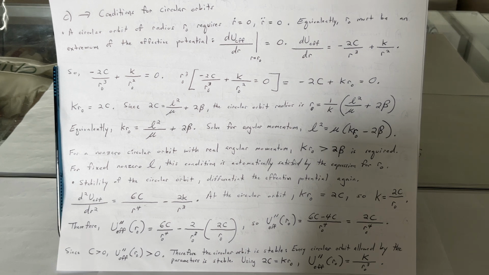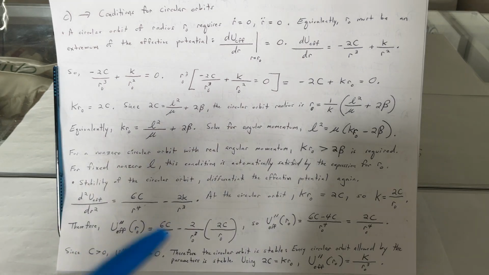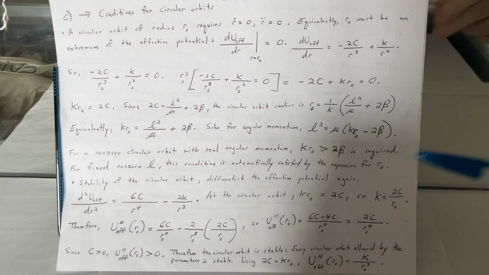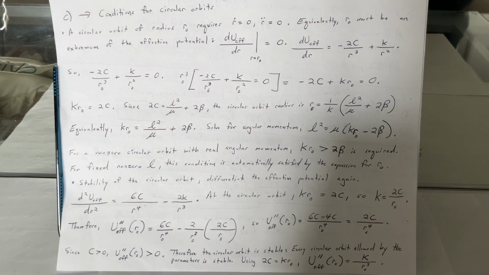And for stability of the circular orbit, we differentiate the effective potential again. So here the second derivative of u sub EFF with respect to r equals 6c over r to the fourth minus 2k over r cubed. And at the circular orbit, k r naught equals 2c, so k equals 2c over r naught.